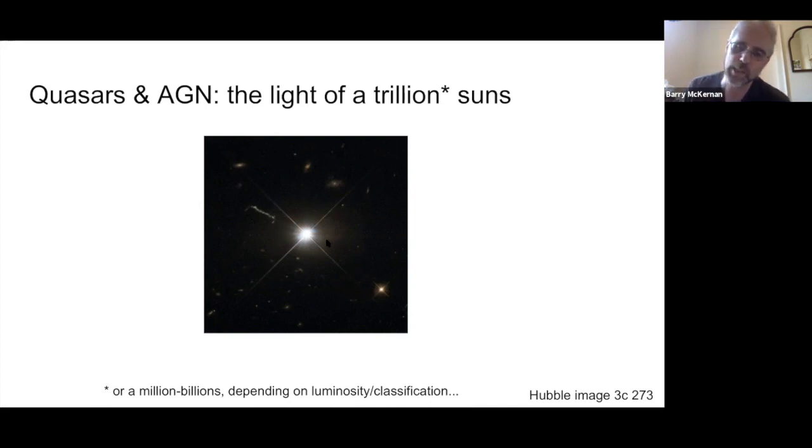And if you take a spectrum of this object, you don't get a black body spectrum the way you'd expect from a foreground star, but instead you get a spectrum that's emitting across maybe 10 orders of magnitude in wavelength. You've got radio, infrared, a big blue optical bump, some X-rays.